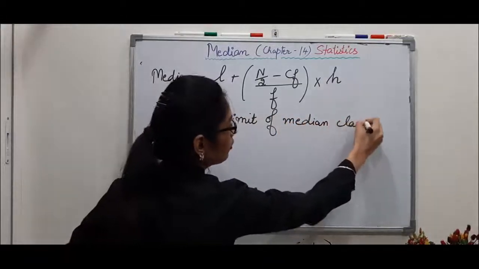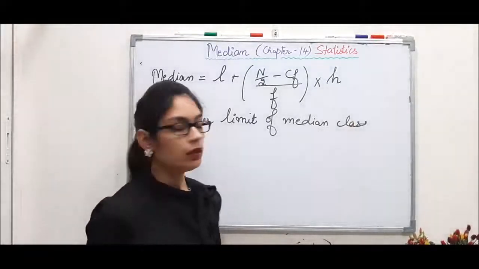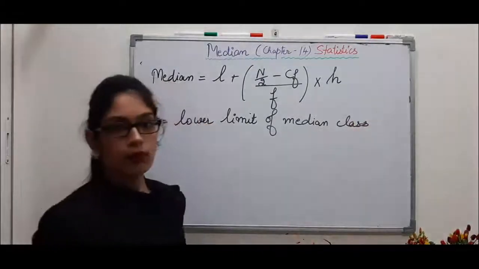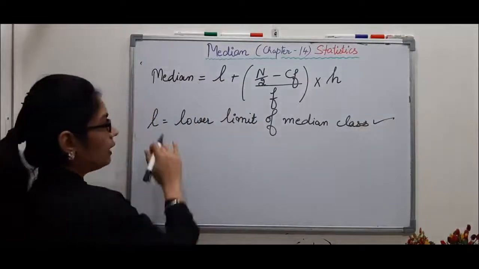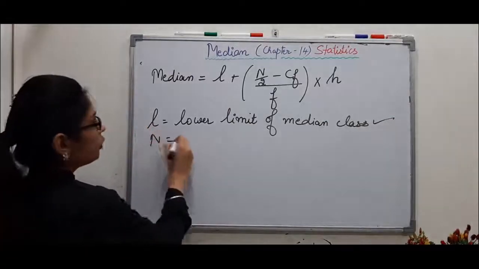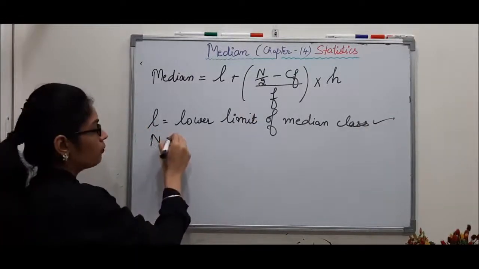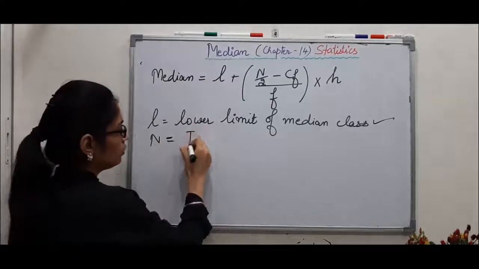See, in mode, we were finding the location of the modal class before starting with the question. Same way, while solving for median, we will look out for the median class. So L is the lower limit of the median class. N, because we have to take n by 2, means total number of terms, or total frequency also you can say.